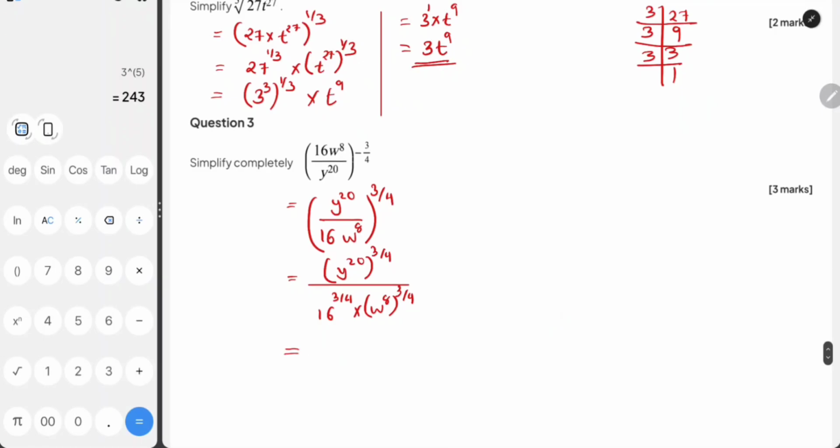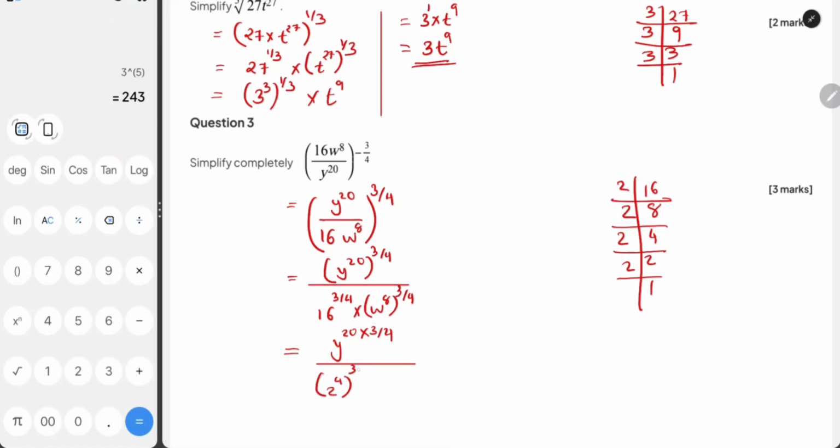Power will be multiplied. So y raised to 20 times 3 by 4 and 16 raised to 3 by 4. Whenever there is a number raised to a fractional power, we do the prime factorization of the base. So 16's prime factorization is simple. It is 2 to the power 4. So that's 2 raised to 4 to the power 3 by 4 into w raised to 8 into 3 by 4, because power is multiplied.